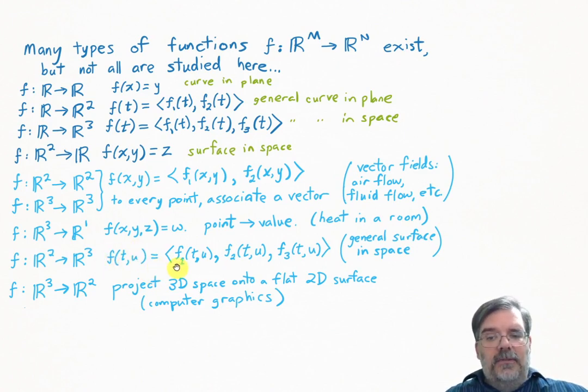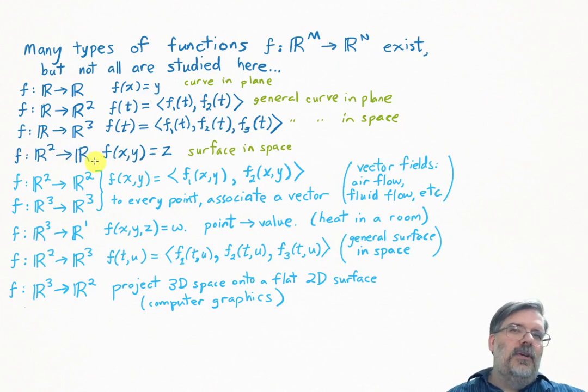But in general, if you have three components and each one of these is a general function, which again could include exponents or trigonometric functions, this describes a general surface in space. Kind of like functions from R2 to R, but a more general class.